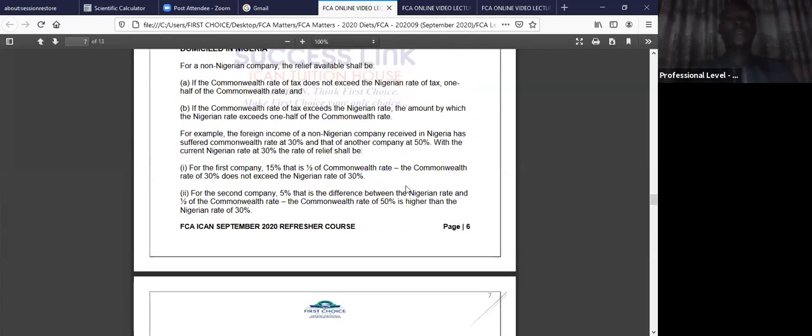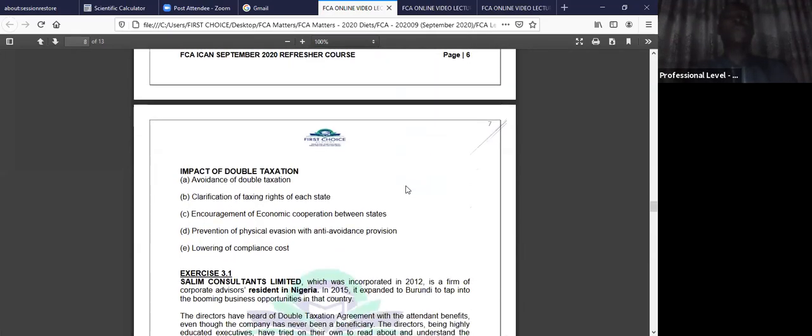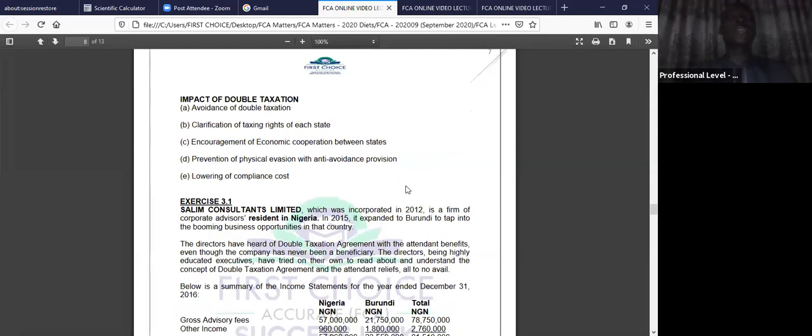Okay, so what are the impacts of double taxation relief? You write: impact of double taxation relief. One, it helps to avoid double taxation. Double taxation is when you are charging one income two times.